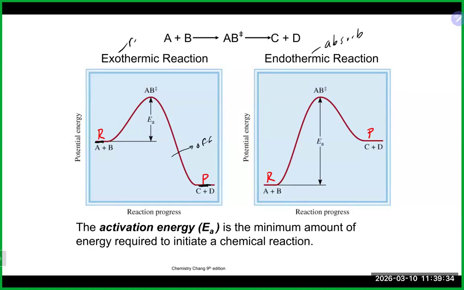Right here, we release energy. And the opposite is true in this case. Our reactants are actually lower in energy than our products. So again, the only way to get our reactants up there in terms of energy is to put energy in to do that. And that's an endothermic reaction.